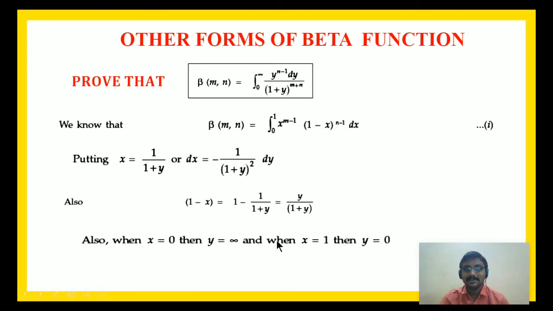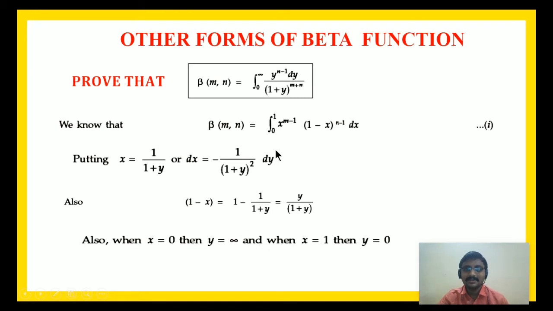These are the new limits for y. So we are changing the independent variable x in terms of y. When x equal to 0, the lower limit, y value becomes infinity. The upper limit of x is 1; when x is equal to 1, y value becomes 0. These are the new limits.